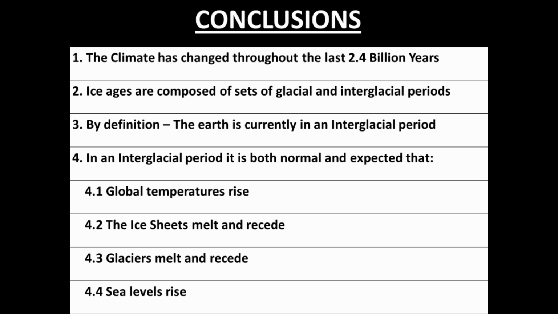In an interglacial period, it is both normal and expected that 4.1. Global temperatures rise. 4.2. The ice sheets melt and recede. 4.3. Glaciers melt and recede. 4.4. Sea levels rise.